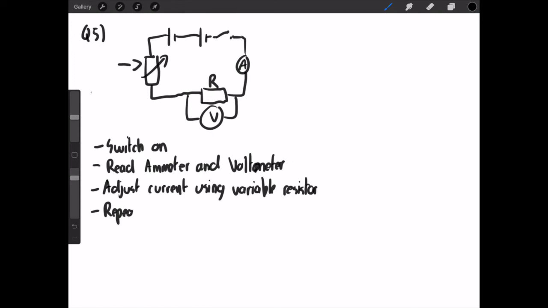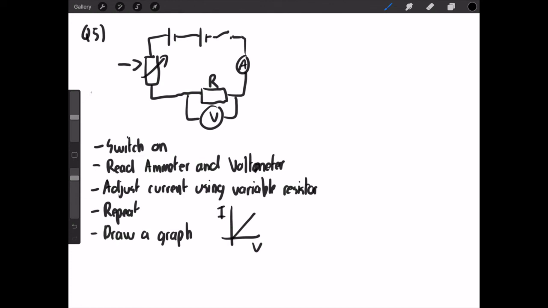So you can repeat 3 times for each one, take some more, and then draw a graph. Now typically this is done as current against voltage. In this case you should get a nice straight line if your current is fairly low, and that's largely it.